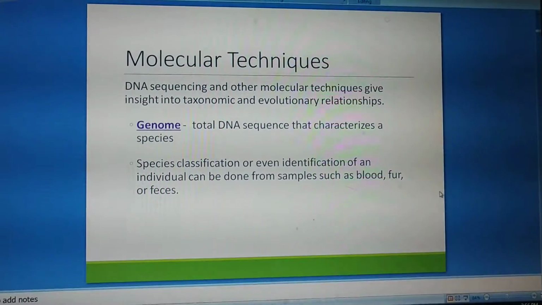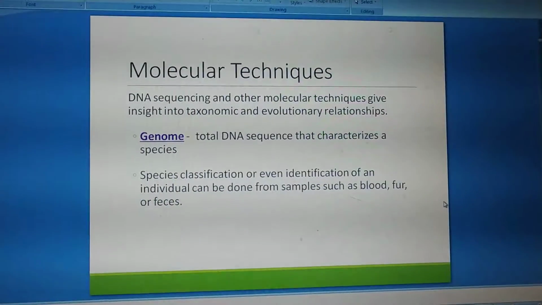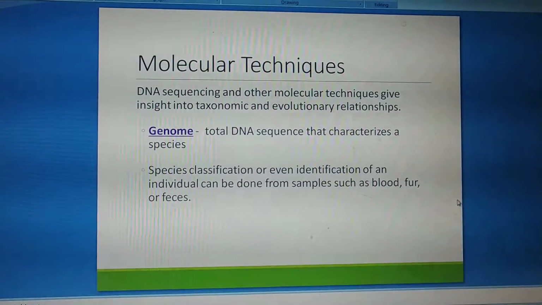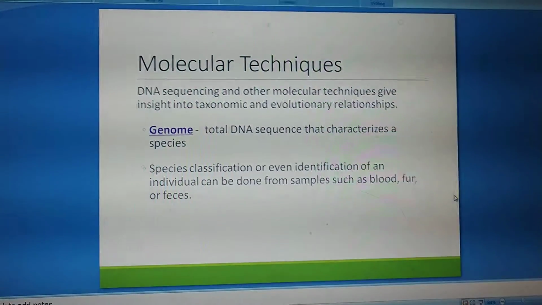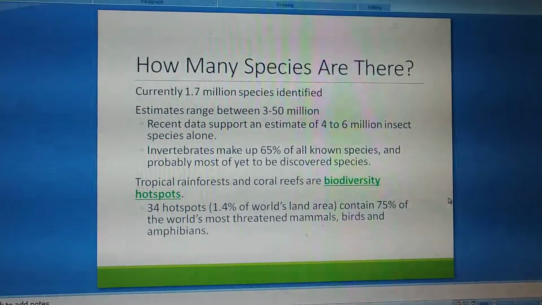DNA can also provide good insight into evolutionary relationships, who's related to who, but it also allows us to look again at the genetic variation within a population. How much genetic diversity does a population actually have?